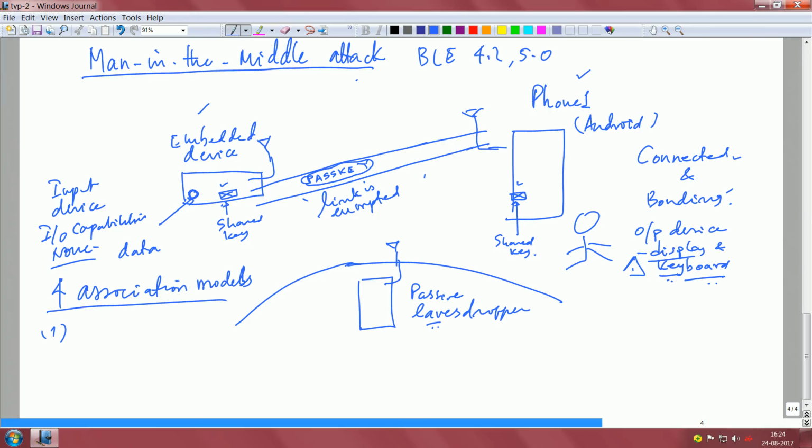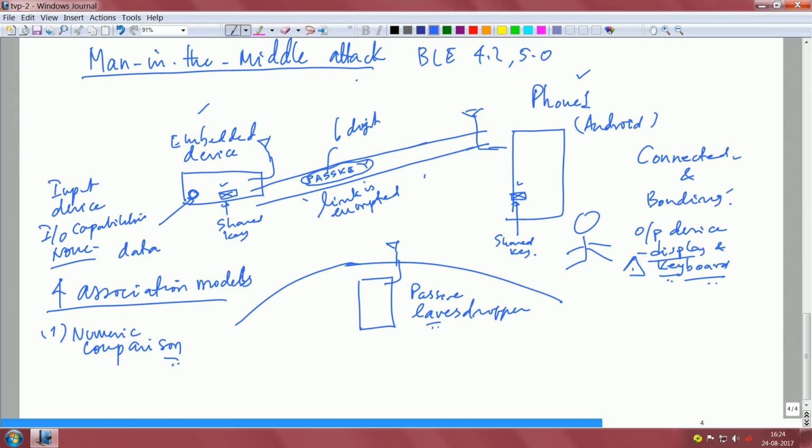One association model is called numeric comparison. What does it simply mean? It simply means that, by the way, this pass key is 6 digit, and in numeric comparison both devices display the 6 digit number.